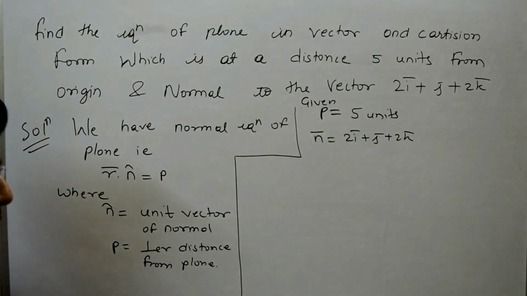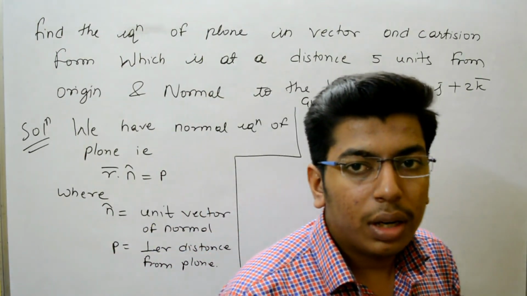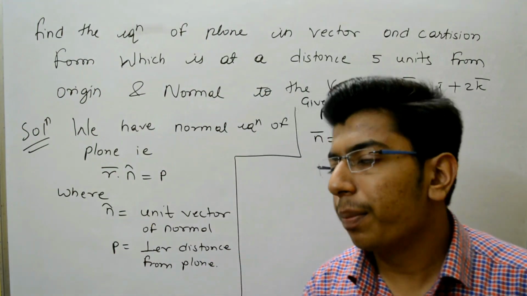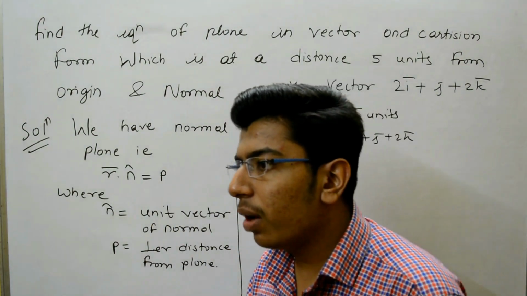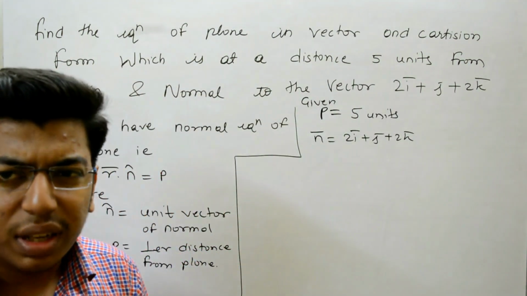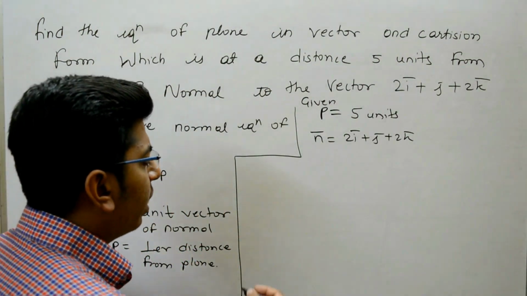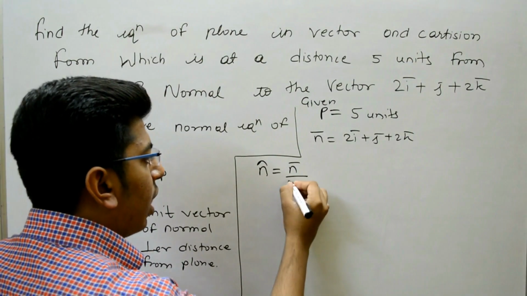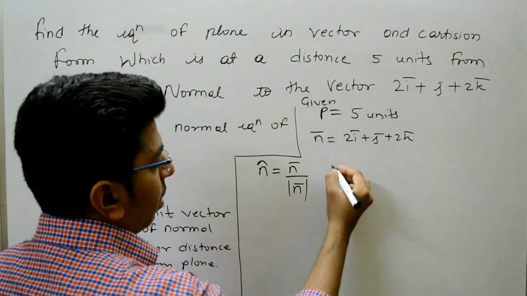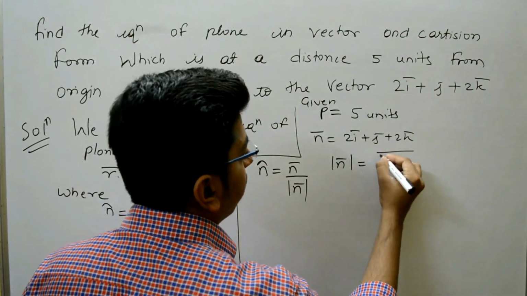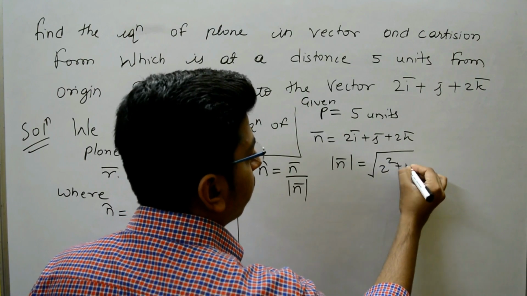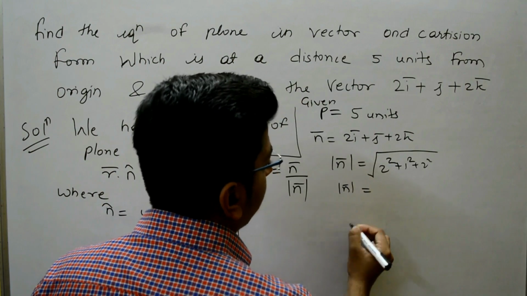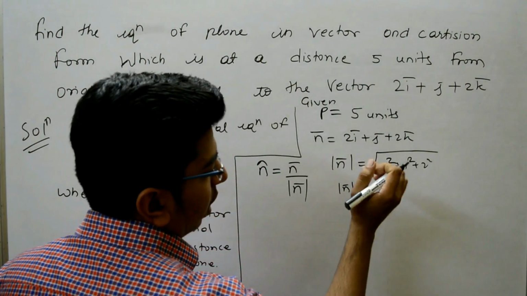So the first step to remember is we have to find n cap. What is the formula for n cap? For the unit vector, the formula is vector upon magnitude. But tell me, what is the magnitude of n over here? 2 square plus 1 square plus 2 square under root, that is, magnitude of n bar is equal to 3.